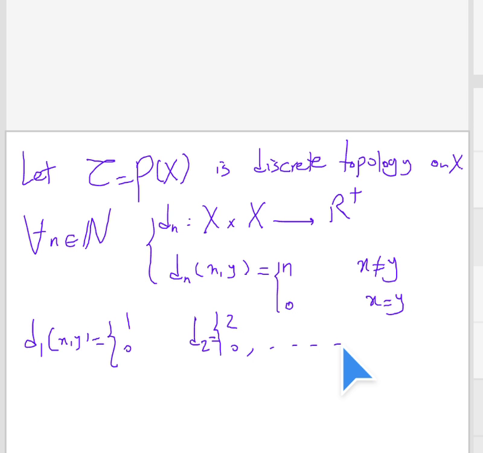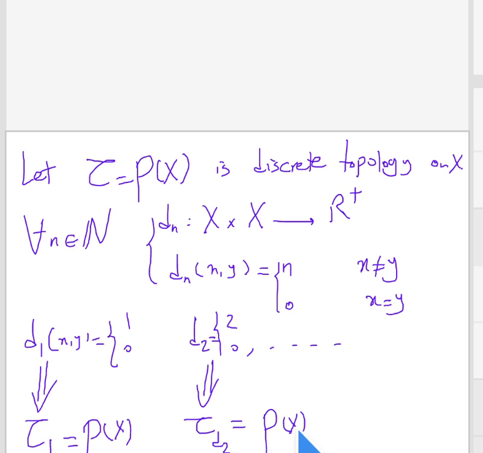The topology induced by d_1 is τ, the topology induced by d_2 is τ, and the topology induced by d_n is τ.